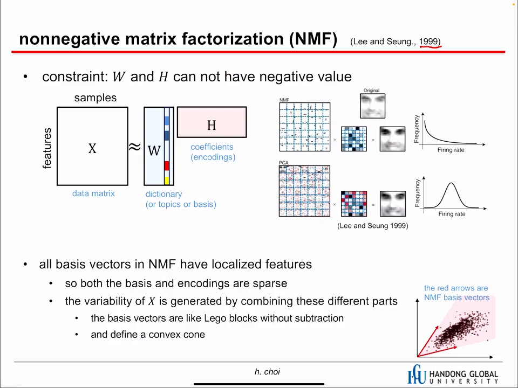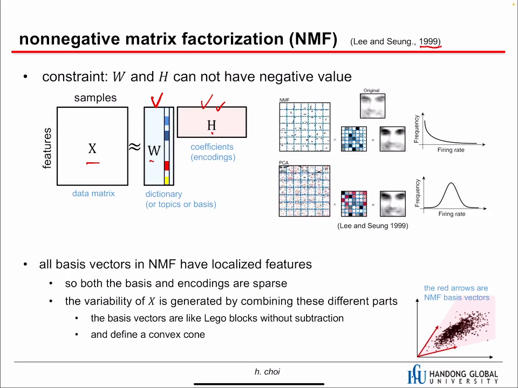And the derivation is not as simple, but when we decompose x with w times h, and we put this non-negativity constraint, then we have quite an interesting representation here. And this one is basis vectors, and this one is coefficients. It's kind of the same, right?